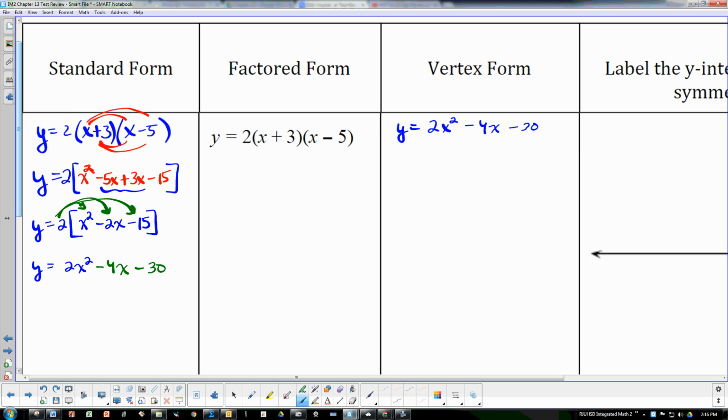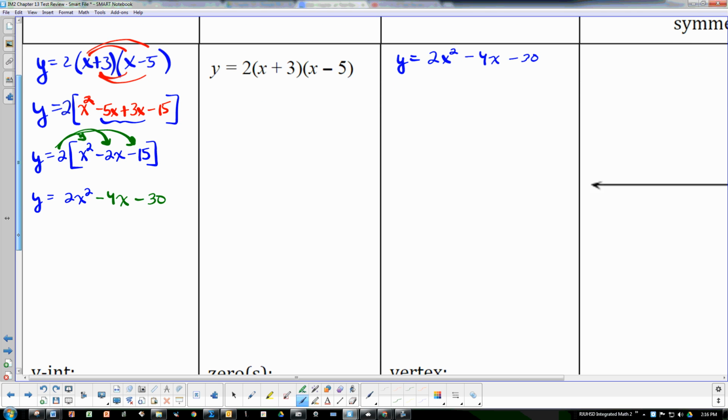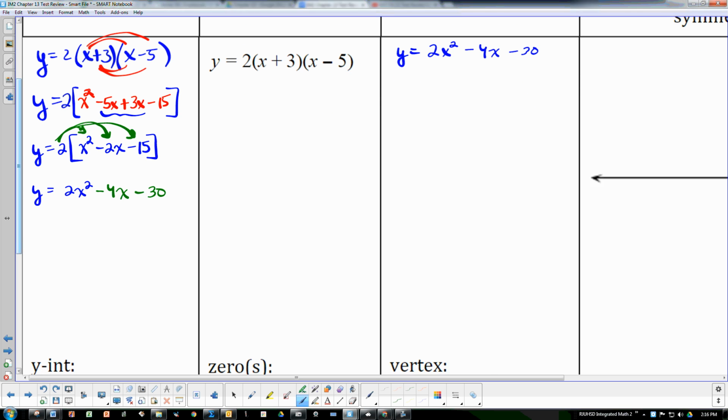All right, now keep in mind you don't have to complete the square to do this. You really don't. I want to quickly show you something. From this factored form, do we agree that this is x is equal to -3 and x is equal to +5? Well, those are the x-intercepts.